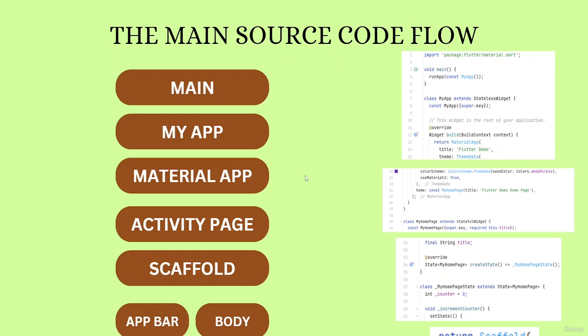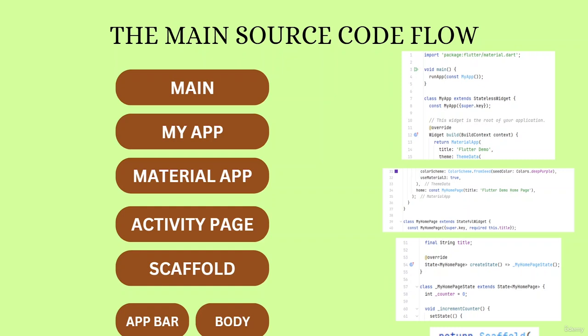Now once you have your main function, the environment, the application, and your material app, the next thing is that you have to work with the activity page. I have shown you what an activity page is.